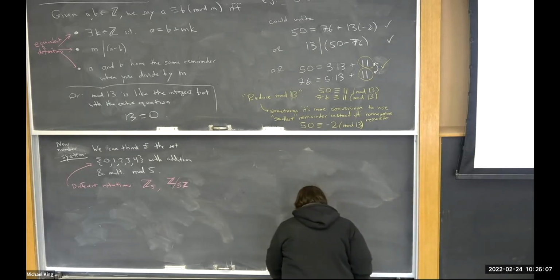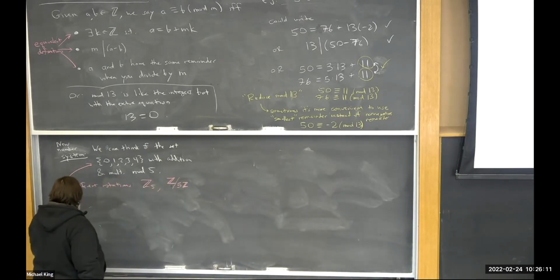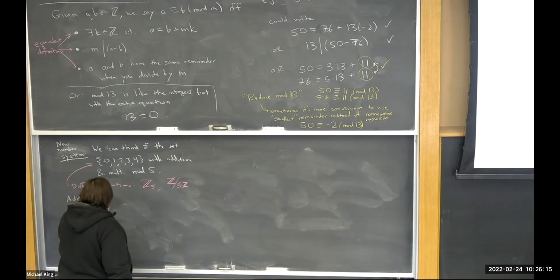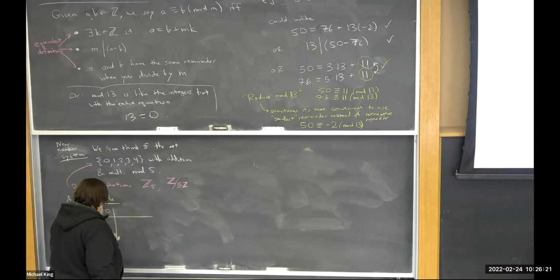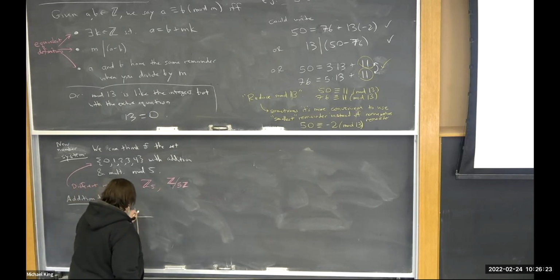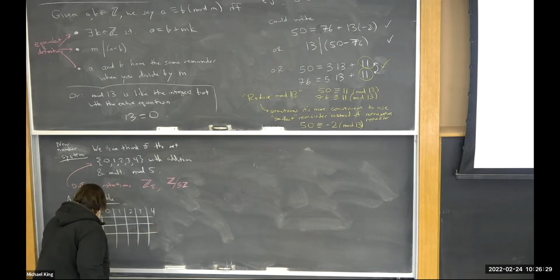And so then you can make addition and multiplication tables. You can make the addition table for this, which is not super exciting. The multiplication tables are more interesting, but 0, 1, 2, 3, 4 this way, 0, 1, 2, 3, 4 this way.